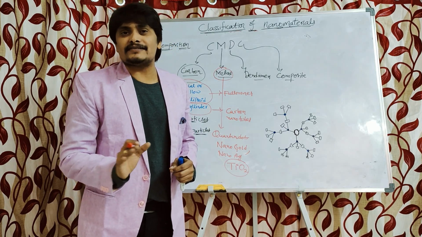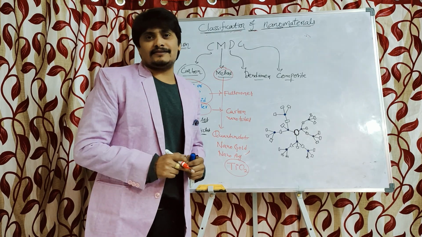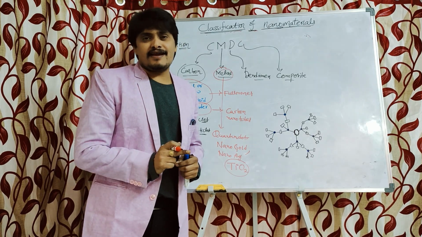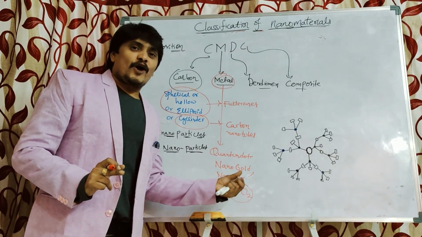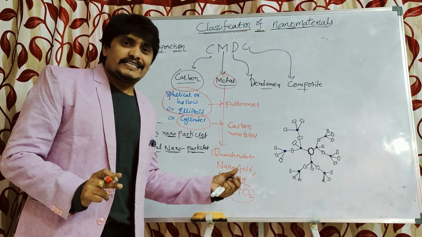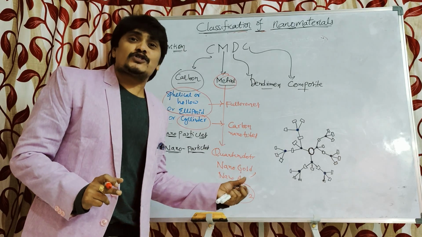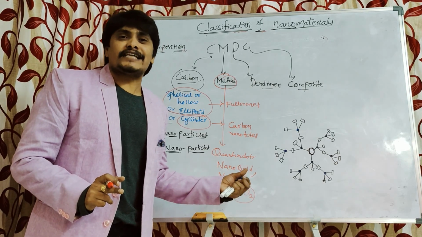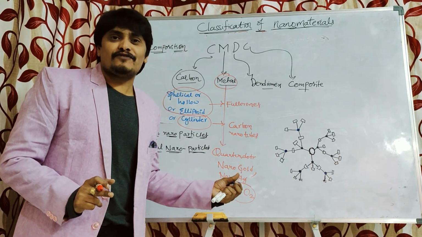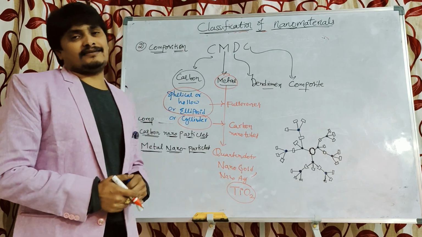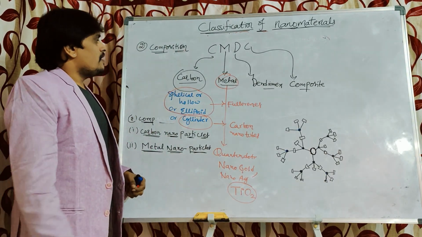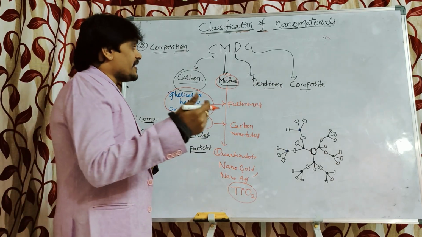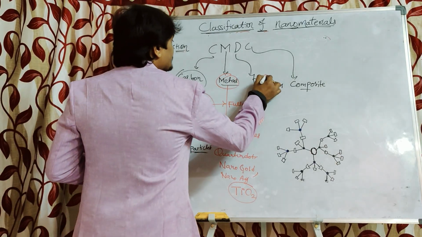P stands for paints, S stands for sunscreen, and T stands for toothpaste. So this titanium dioxide nanomaterial, which belongs to the class of the metal nanomaterials, is useful for PST. What is PST? Already I have explained to you. Right. Now next, very important nanomaterials, dendrimers.